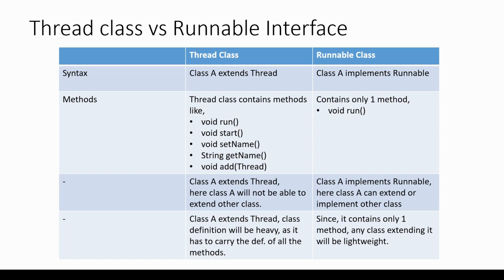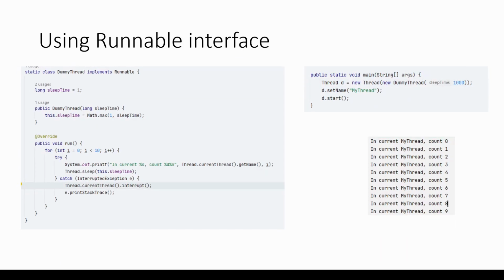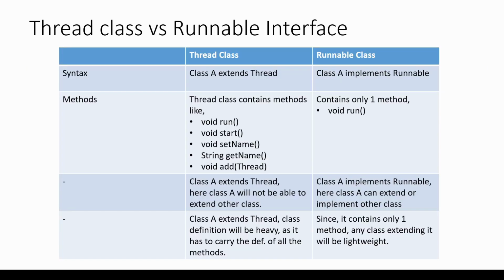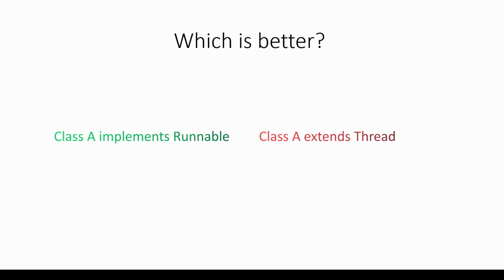But if we implement the Runnable interface, we'll have only one method, run, which contains only the definition of the thread, like what this thread should do. Then while creating the object, or when we have to use it, we'll wrap it around Thread and further process it, rather than extending the Thread class and getting all the methods, which will make the signature of that class heavy.